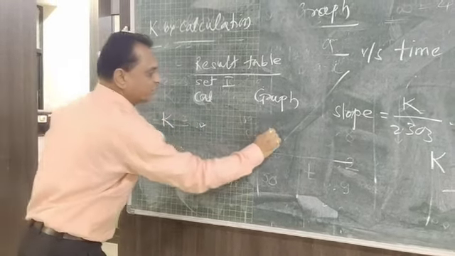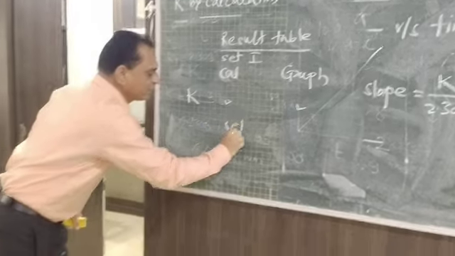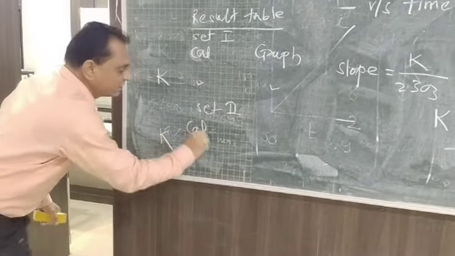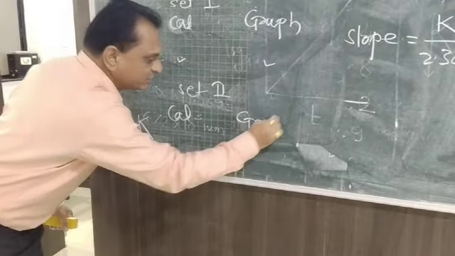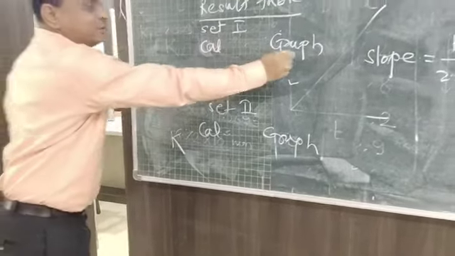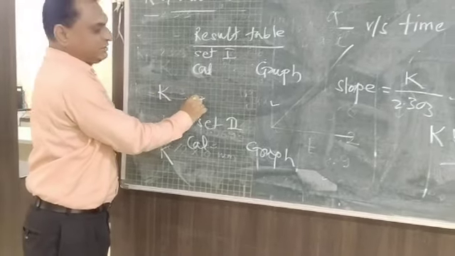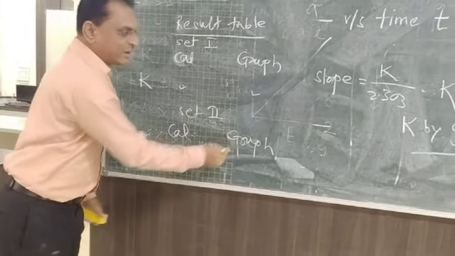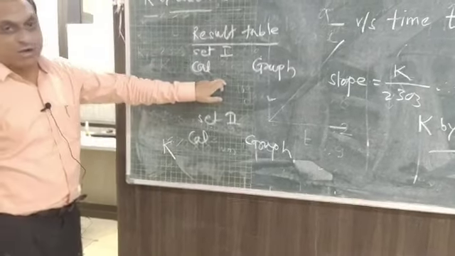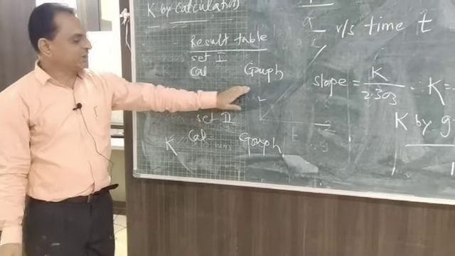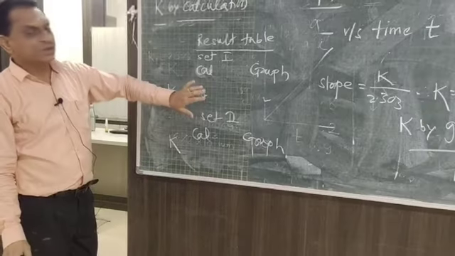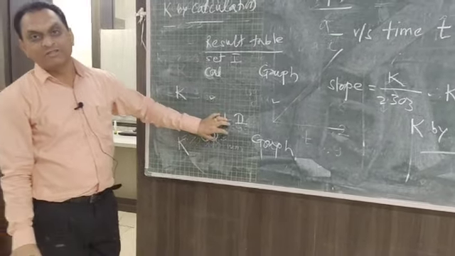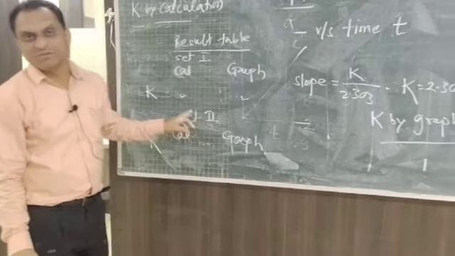For set 2 we also have to represent the by calculation and by graph values. So we have 4 values, for set 1 by calculation and by graph, and for set 2 by calculation and by graph. And we have to make a comment: all the K values are similar, therefore the order of hydrolysis of ester is 1, that is, ester hydrolysis is a first order reaction.